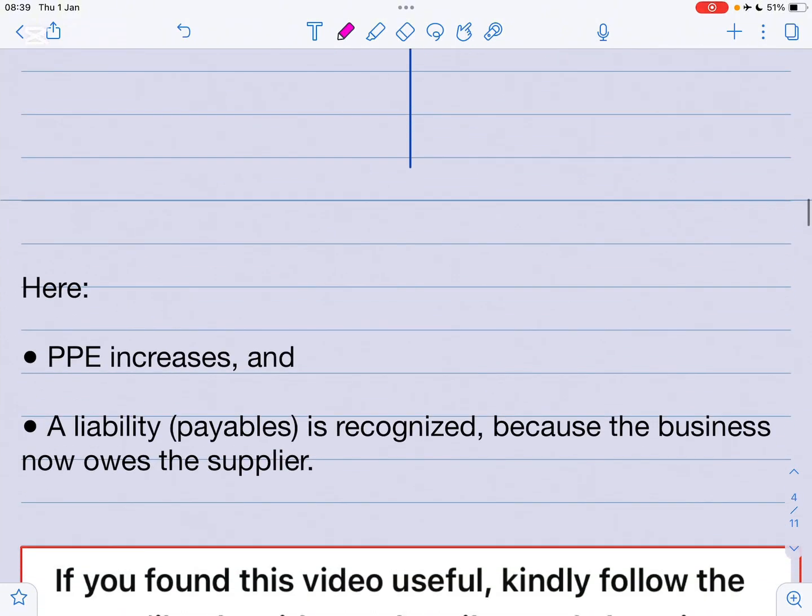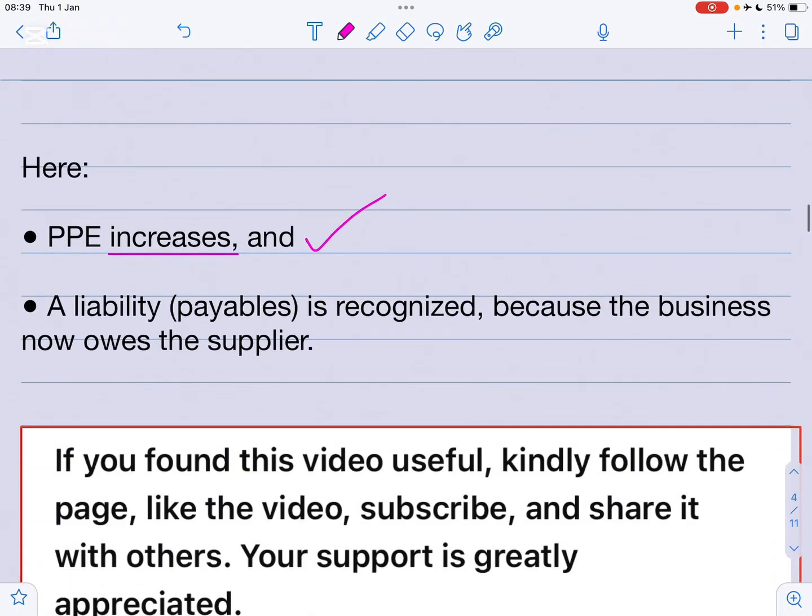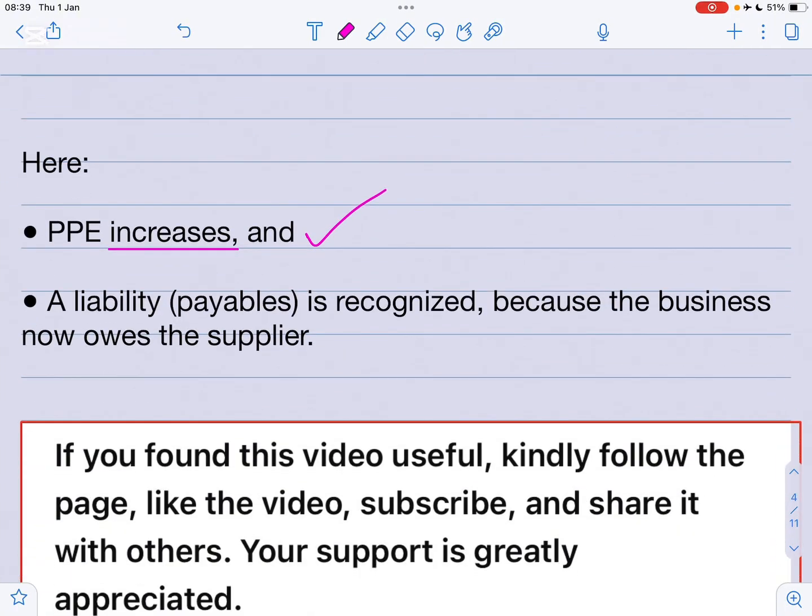Now, the interpretation of this is that we have, on the one hand, a non-current asset. There's been an increase in our non-current assets. Our property, plant, and equipment has been increased, and that's what you have here. So, yes. But on the other hand, there's been a liability.